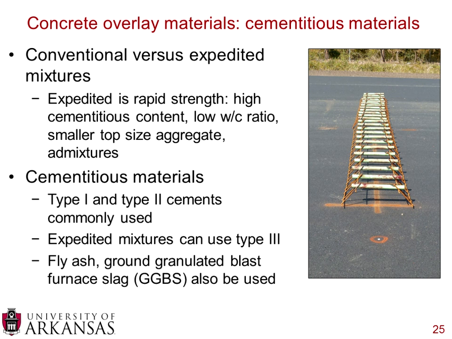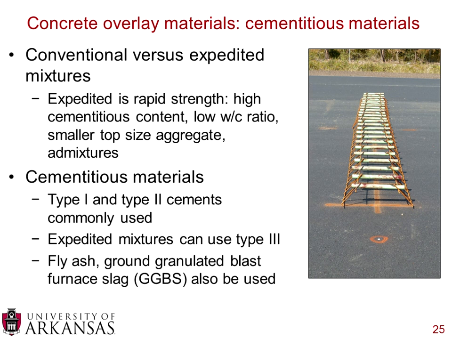And in order to get those expedited mixtures, you want rapid strength, and you can get that through high cementitious content, low water cement ratio, a smaller top size aggregate, or also you can consider using some admixtures. When you're thinking about the cementitious materials in general, they include Portland cement, but they can also include fly ash, ground granulated blast furnace slag, and then there's several other much more rarely used cementitious materials.